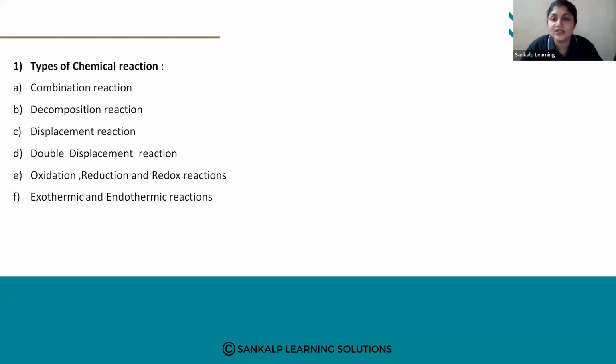But in a decomposition reaction, it is vice versa. A single substance will decompose to give you two or more substances. So it is said to be a decomposition reaction.